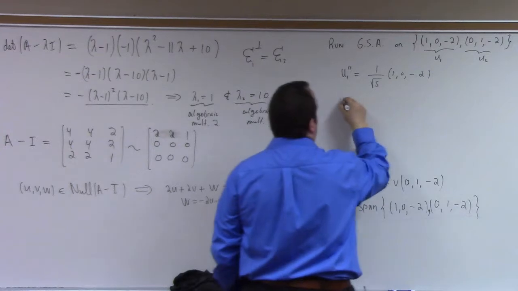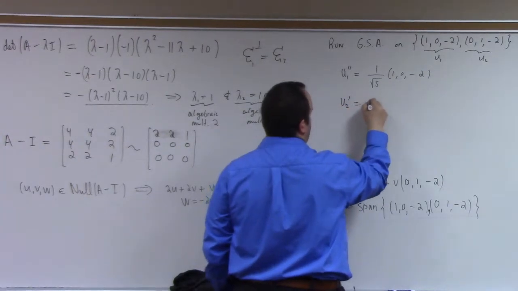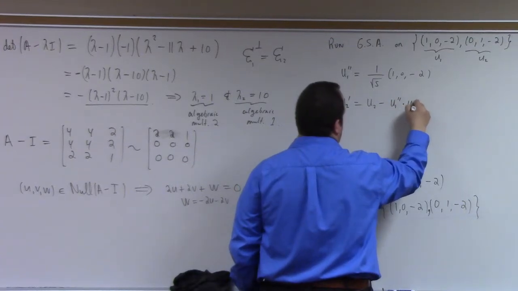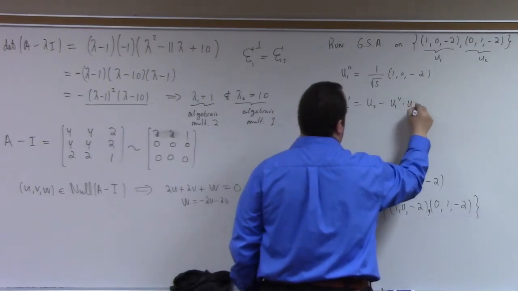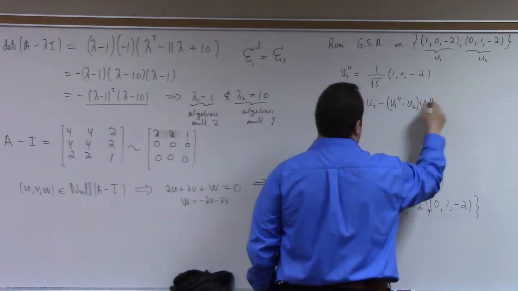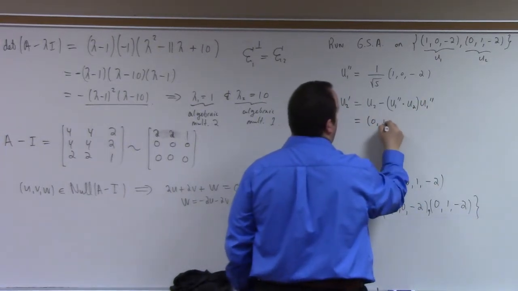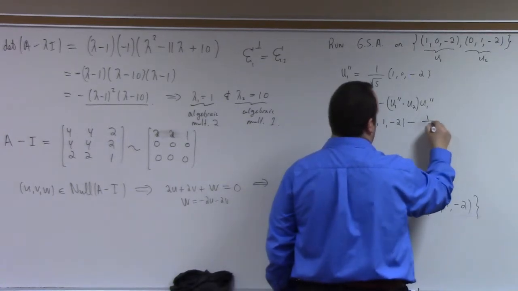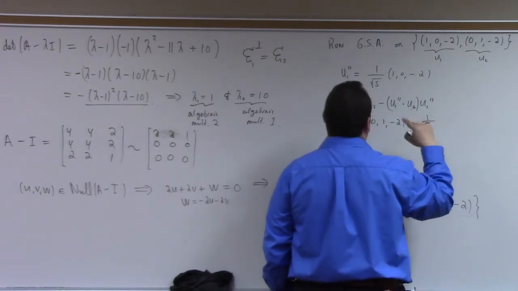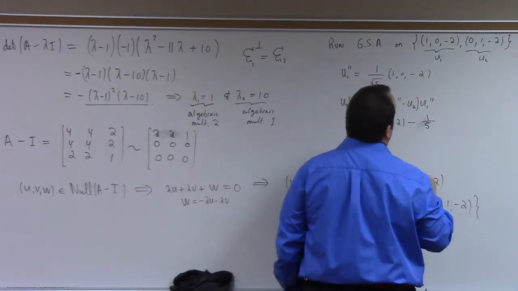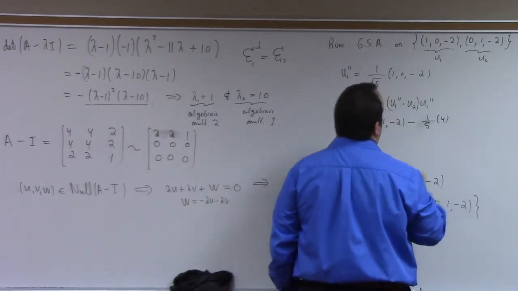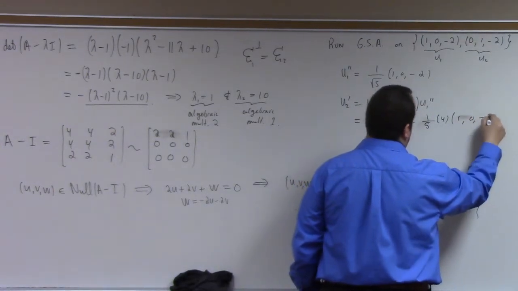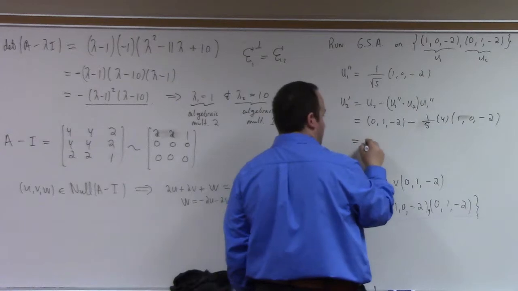And then U2 prime is what? It's U2 minus (U1 prime prime dot U1 dot U2), U1 prime prime, which is what? (0, 1, minus 2), minus, what do we got? We got 1/5 from the normalization factor squared. The U1 prime prime dot U2 gives me 4. And then, of course, the (1, 0, minus 2). What does this give us?